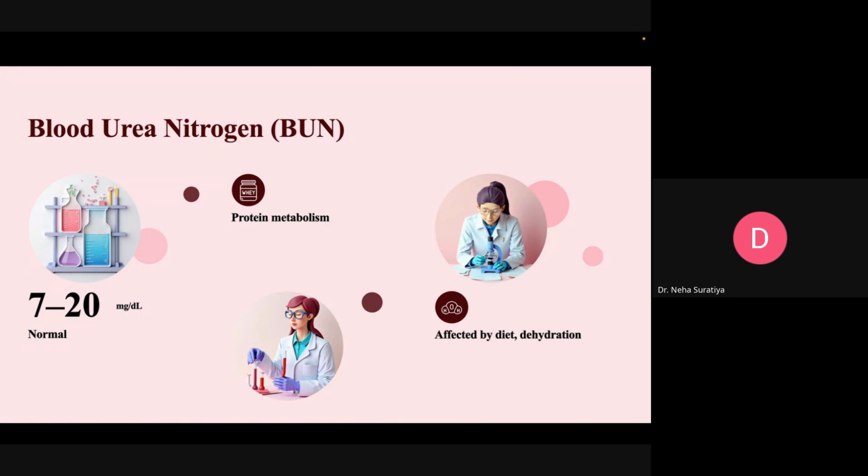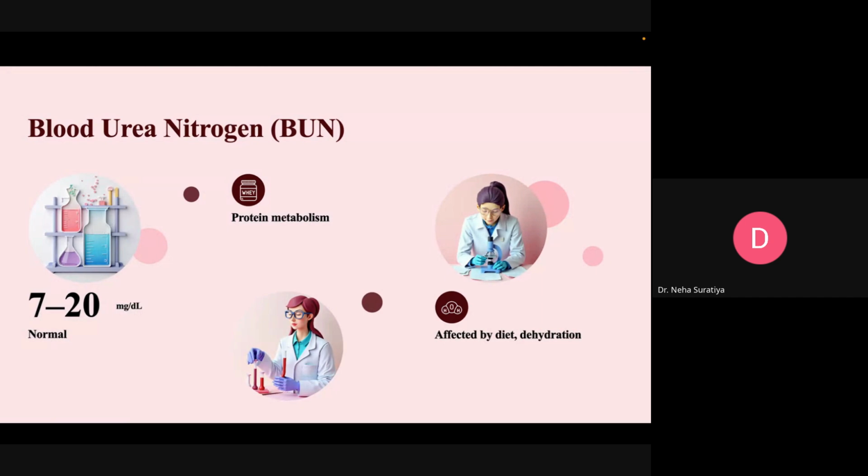So it is not always associated with the renal things, but it reflects renal function because it is excreted by the kidneys. So protein metabolism is making sense now. Urea is formed in the liver by protein metabolism and excreted by the kidneys. Normal range is between 7 and 20, and BUN is influenced by non-renal factors as well.